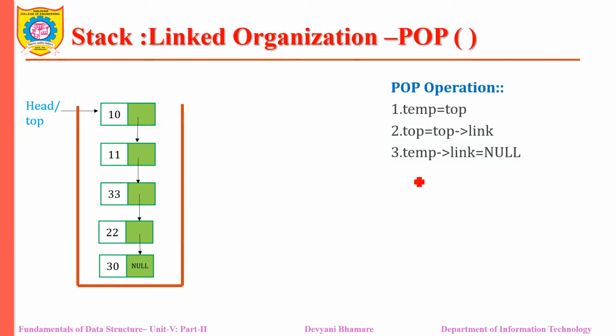Let me see how we can do the pop. Pop means what? We have to delete the element which is pointed to by the top, right? Means we have to say that this 10 element is deleted and then top is pointing to the next node, right? So how can we do it? For the topmost element, we are saying that initially temp is equal to top.